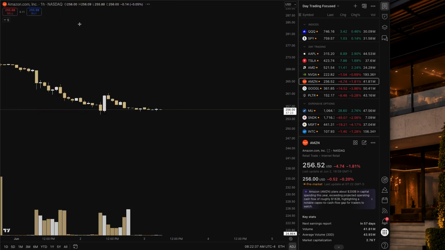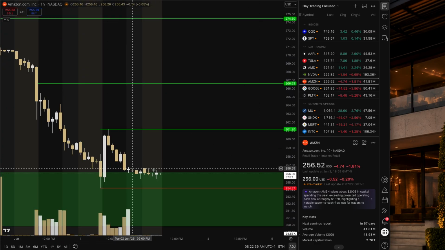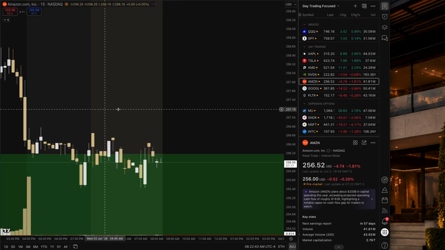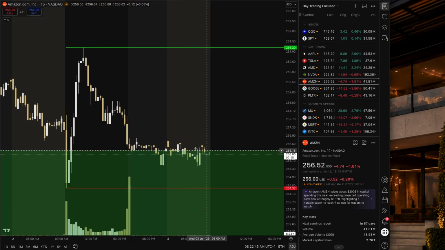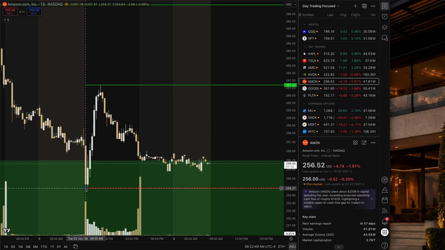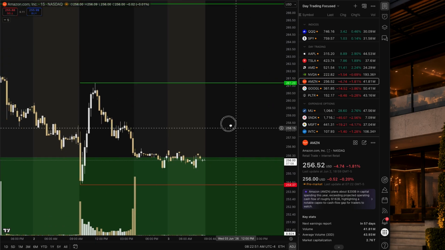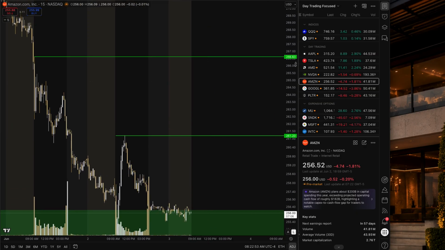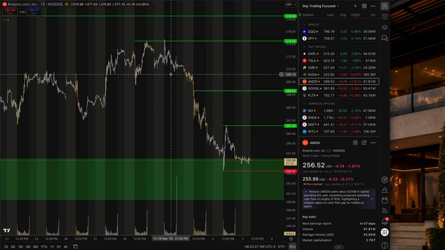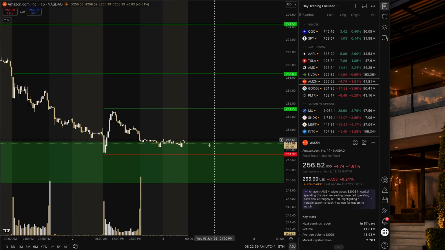Okay, now it's at the same level. So we want to see some more buyers stepping in now. As you can see, same levels, previous day high, previous day low. Okay, but coming into the day, what I want to see is the price reaction here in this zone.